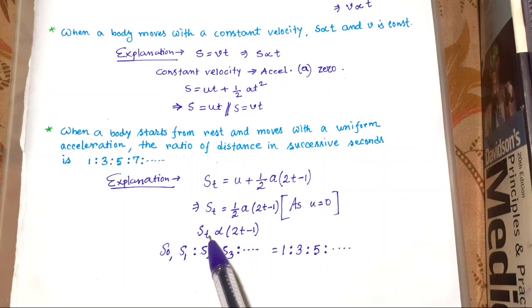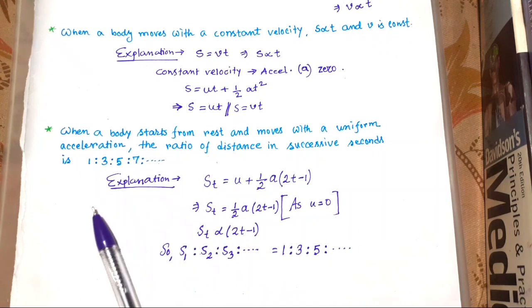If we put t equals 2, that means 2 into 2 minus 1, that is 3. If we put t equals 3, that means 5. Okay, so s1 : s2 : s3 equals 1 : 3 : 5, and in this way. Okay, from this formula. Okay, thank you.